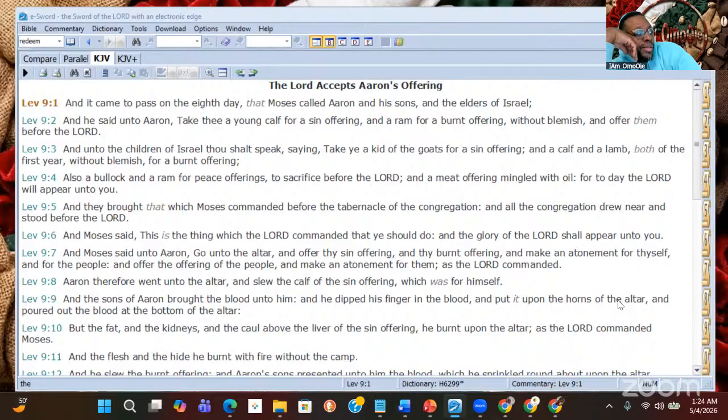Also a bullock and a ram for peace offerings to sacrifice before Jehovah, and a meat offering mingled with oil, for the day Jehovah will appear unto you. Because remember, there's a day when Jehovah is scheduled to come and appear on the mercy seat.